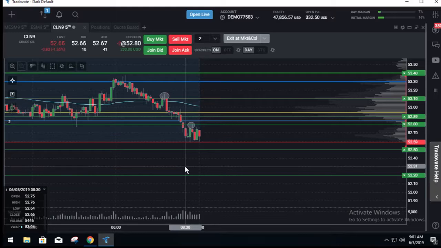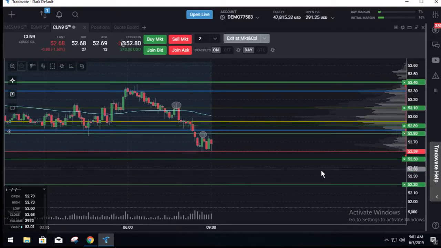There's your opening range, 52.72, 73 to 60. 13 points of range.